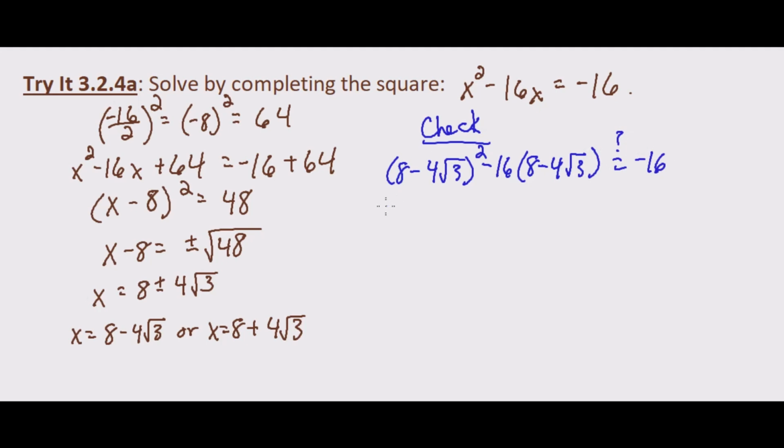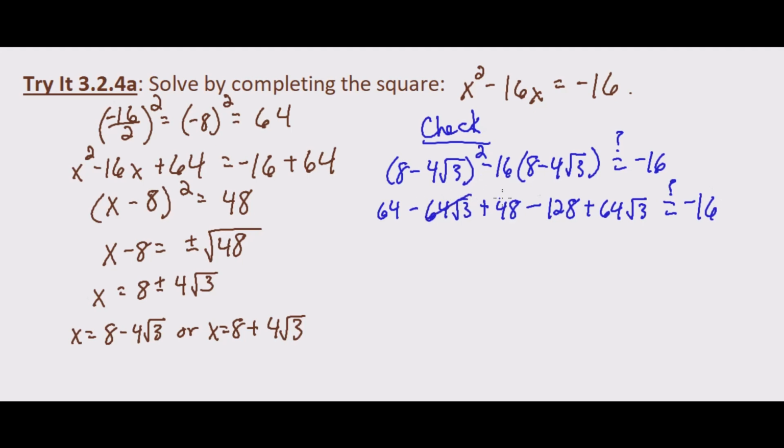So multiplying through, this ends up being 64 minus 4 times 8 is 32, and that's twice, so minus 64 times the square root of 3. 4 squared is 16, square root of 3 squared is 3, so 16 times 3 is plus 48. Minus 16 times 8 is 128. Negative times a negative is a positive, so that's plus 16 times 4 is 64 times the square root of 3. We want to know again, does that equal negative 16?